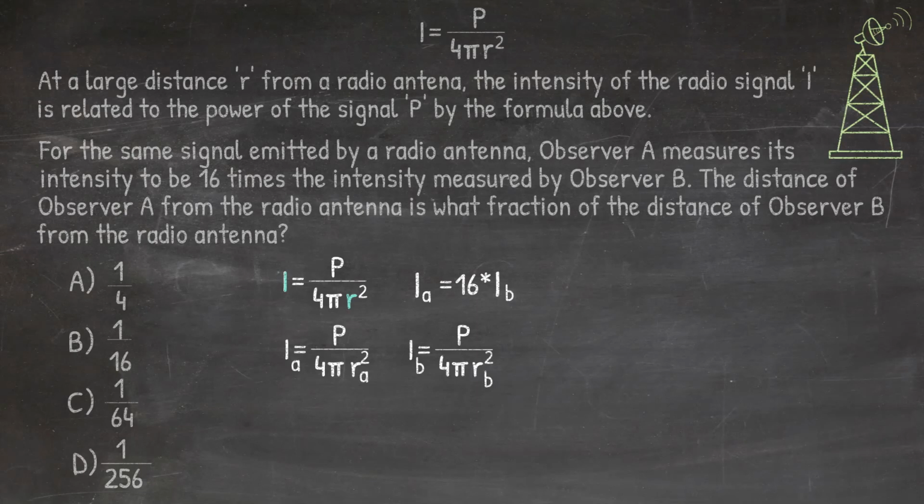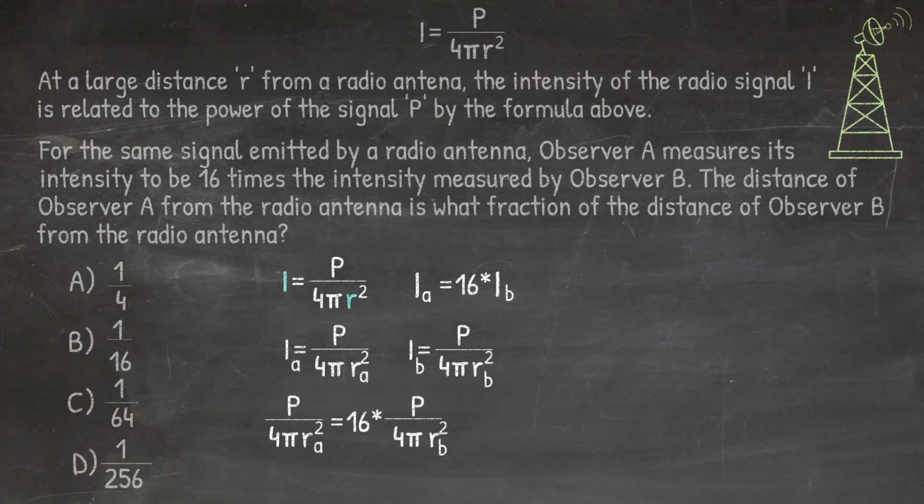And now combining this formula with the one we came up with earlier, we can see that P over 4 pi r A squared, or the intensity of observer A, equals 16 times P over 4 pi r B squared.